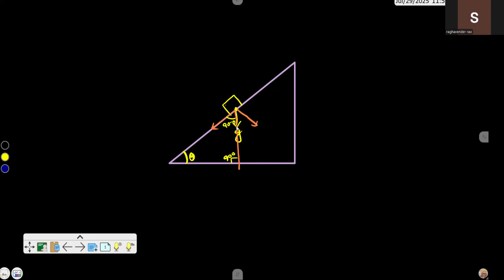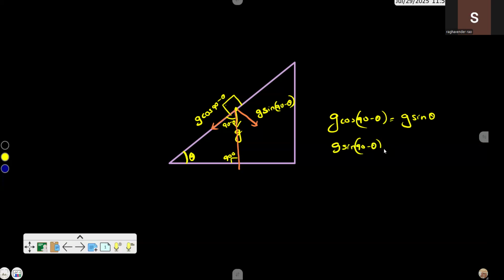So this component would be g cos(90 minus theta) and this component would be g sin(90 minus theta). g cos(90 minus theta) can be written as g sin theta, and g sin(90 minus theta) can be written as g cos theta.